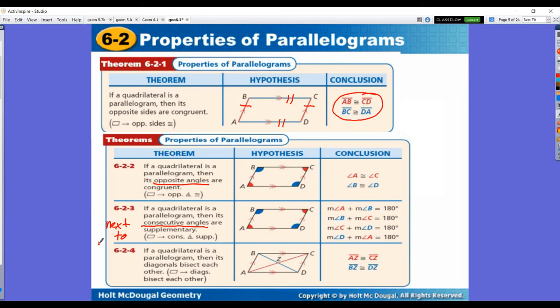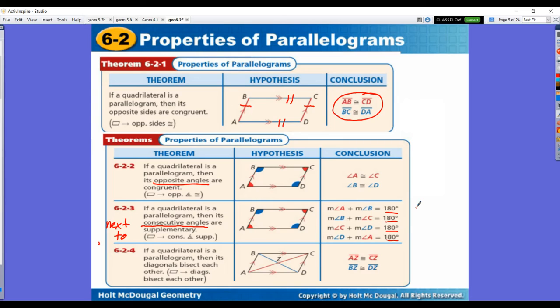So angles that are next to each other are going to be supplementary, which means they're going to add up to 180 degrees. We're taking a look at A and B. They're next to each other, so they are going to be supplementary. Same with B and C, C and D, and A and D. We have examples of each one of those right here.